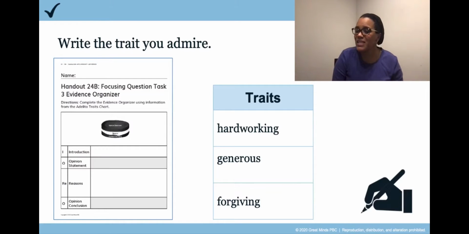And since your opinion statement will tell which trait that you most admire, you're going to write the trait that you chose in the box labeled Opinion Statement. Do you see where to write it? Awesome. You're going to skip the box labeled Introduction. So what I'd like you to do now is pause the video and write the trait that you most admire in the second box of the evidence organizer on handout 24B.